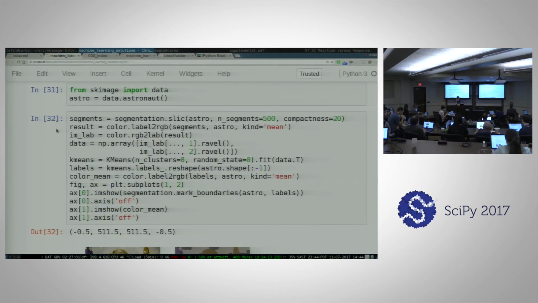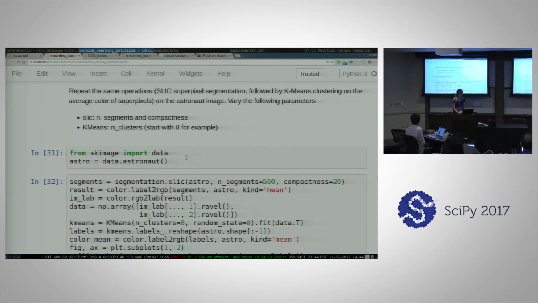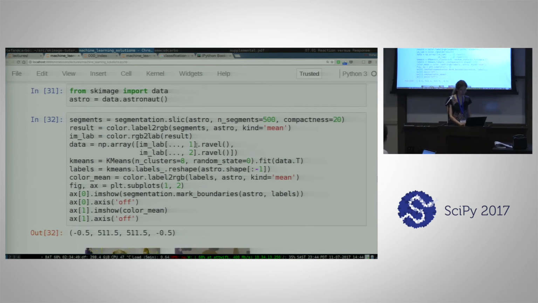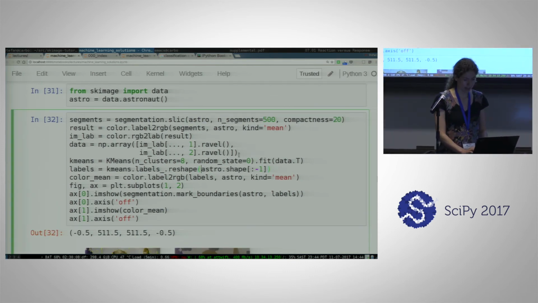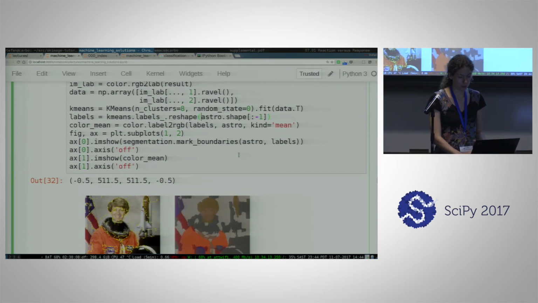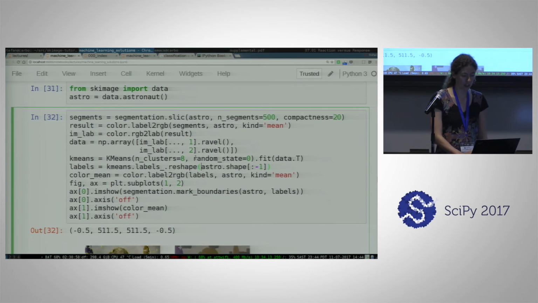Okay, so in the solutions notebook, I just copied and pasted the code from the SLIC example for the astronaut array, and the exercise was to change the number of segments, which is the number of superpixels, and also the number of clusters.